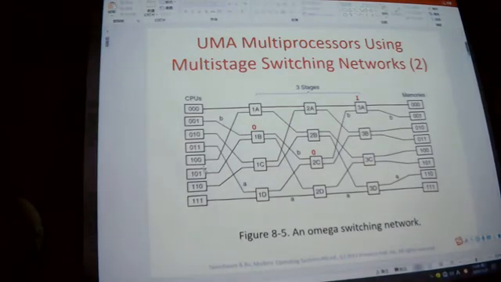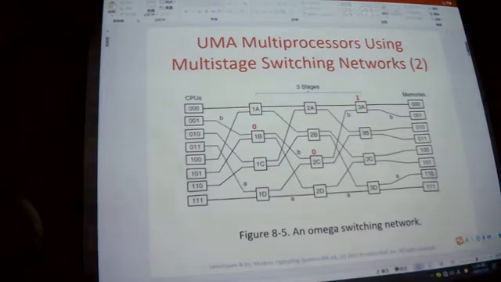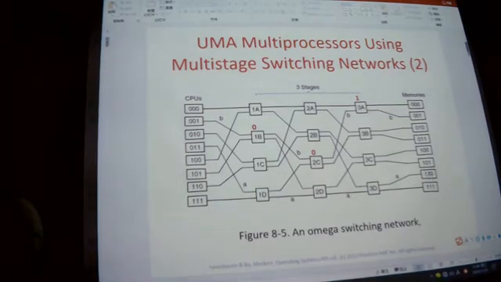So we just use this example. The CPU is 0, 1, 1, and the destination is 1, 1, 0. So we just use 1, 1, 0 as the signal. Output line gets here, handles which bit? The upper one, 0.